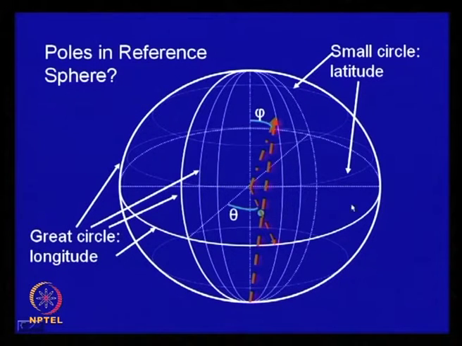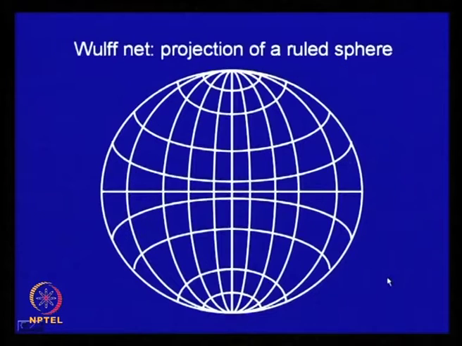This is very much similar to a geographical globe, where we have a set of lines, say longitudes, they are great circles, and the latitudes are the small circles. If we take a projection of that kind of a ruled globe, we get a net called Wulff net, and this helps us to measure angles on the stereographic projections.